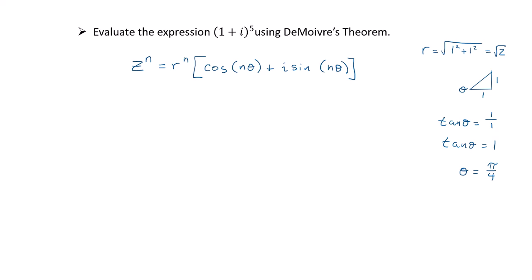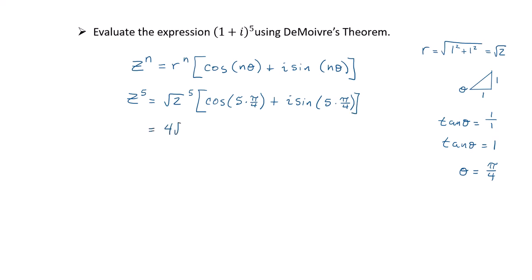So I have both my r and my theta to put my formula together. I have z to the 5 is equal to the square root of 2 to the 5 times the cosine of 5 times pi over 4 plus i sine of 5 times pi over 4.